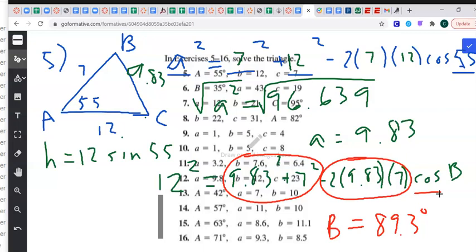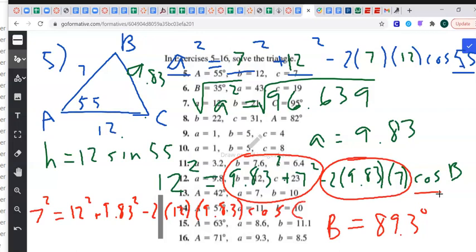If you went cosine C, then that would change your equation, right? You'd have 7 squared, because that would be on the left side. And then we would need 12 squared plus 9.83 squared minus 2 times 12 times 9.83 cosine C. So we could have found angle C first by setting it up that way.